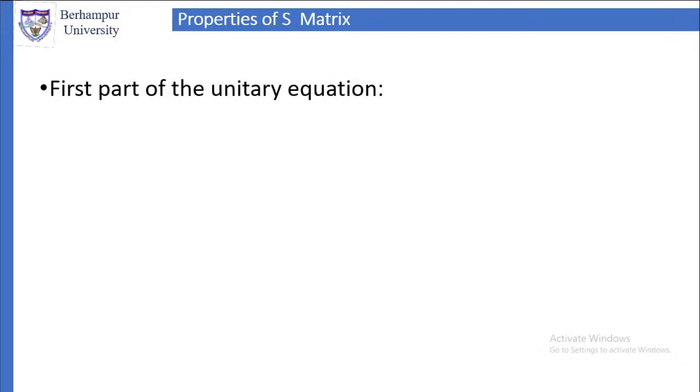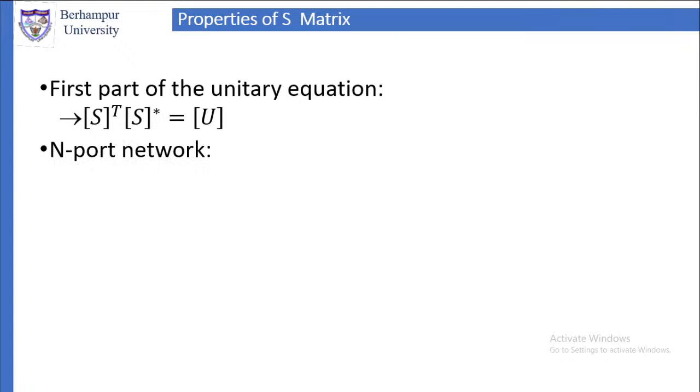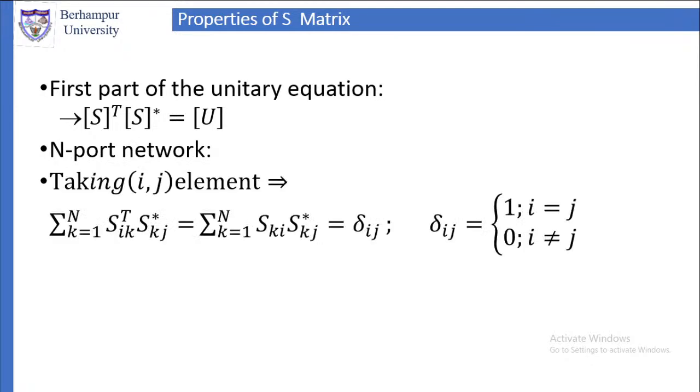Now, let us consider the first part of the unitary equation, which is S transpose into S complex conjugate is the unit matrix. Then for an n-port network, take the i, j element. So input at i, output at j, so that type of element you take.